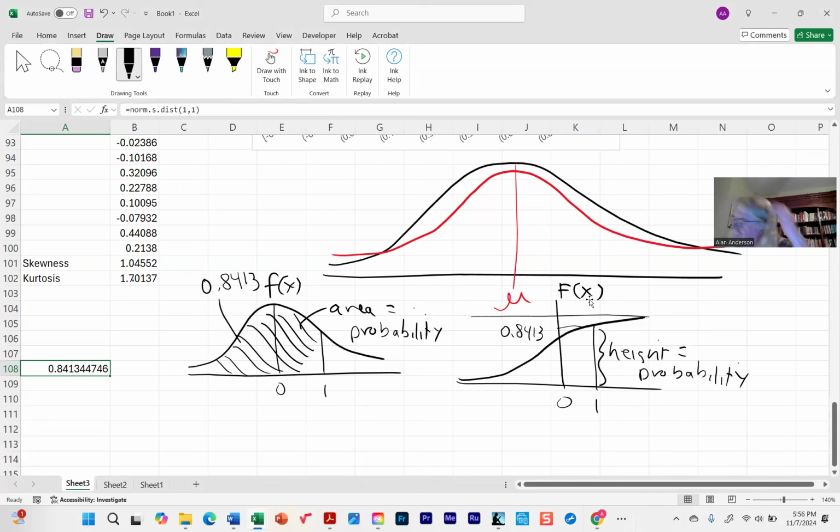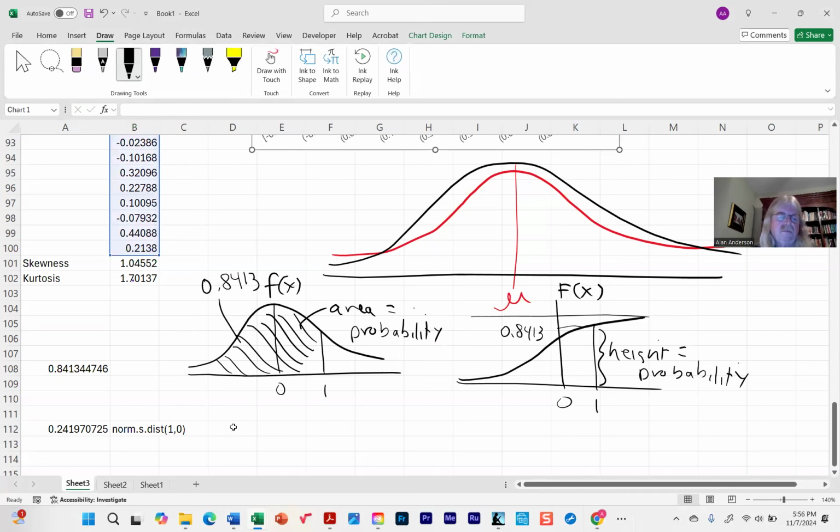Okay, so if I type, oh, wait a minute. I spelled it wrong. Sorry. So basically, this function is what I did here. So how do you interpret that number?